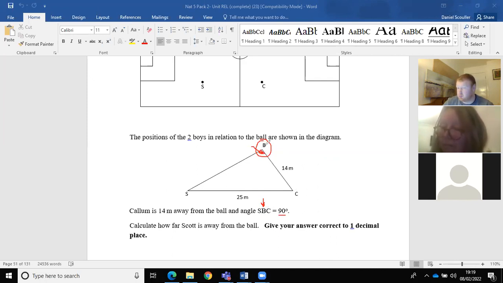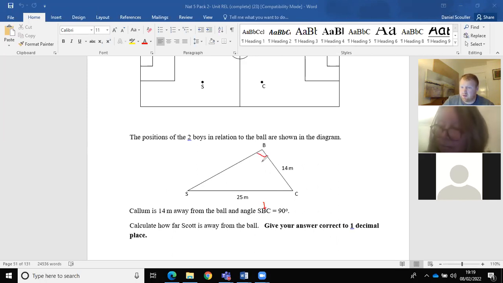We'll cover questions like that, so don't be thrown by it now, but that's all that means. It's just taking the letterings so we know what we're considering. So angle SBC, B is 90 degrees, so we can draw that on.